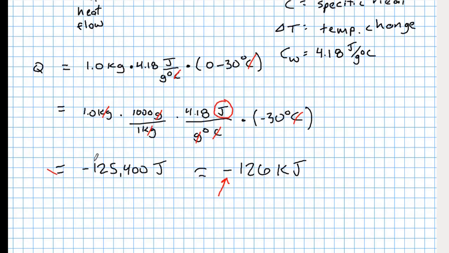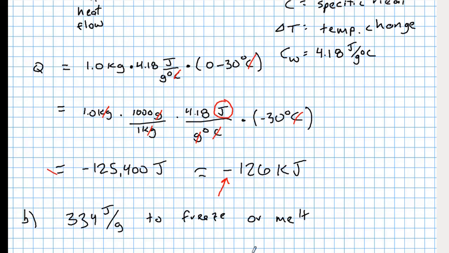So for water, this is for part B, it costs 334 joules for every gram of water to freeze or melt water into ice or ice into water.